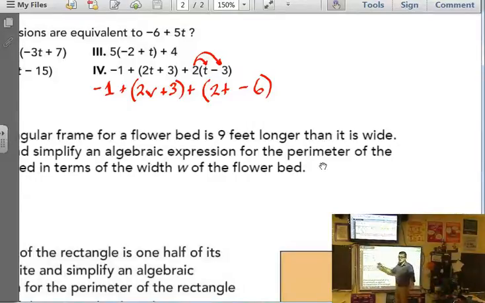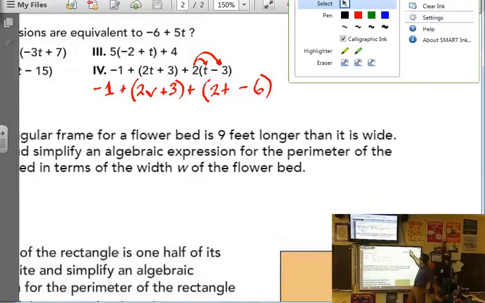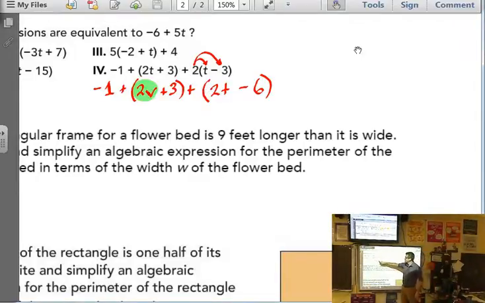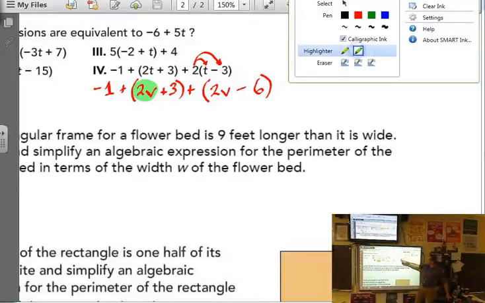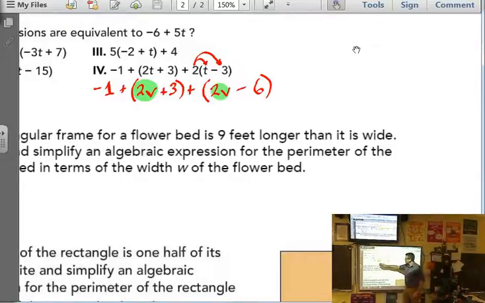So I'm going to bring all of my variable terms to the front. So I go through and I look for my variable terms. This should have been a v if I'm switching to a v. Yes. You can use whatever variable you want. People said they didn't like t, so I wanted to stop using t. So I have that variable term and this variable term. So I start with 2v plus 2v.